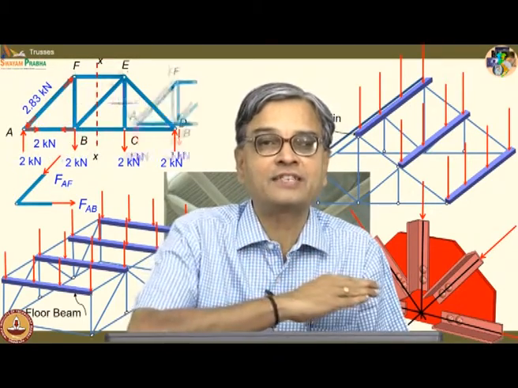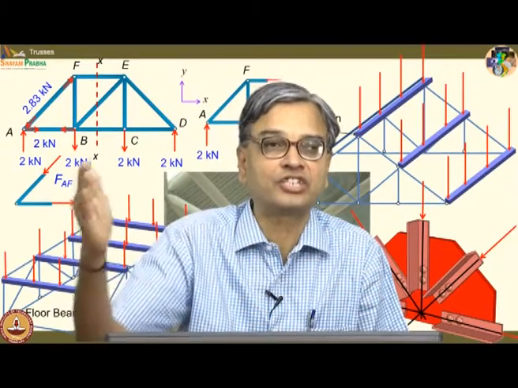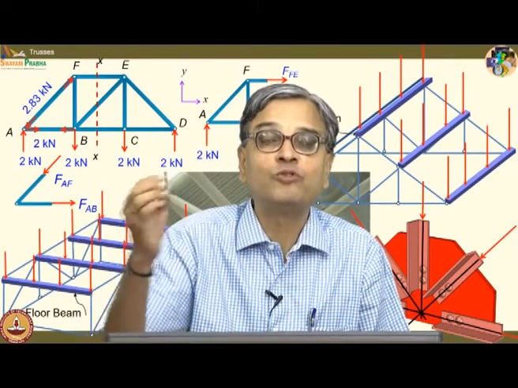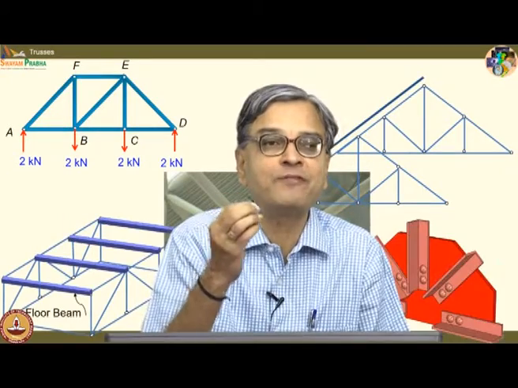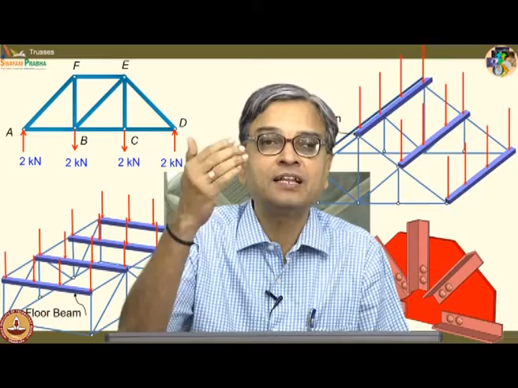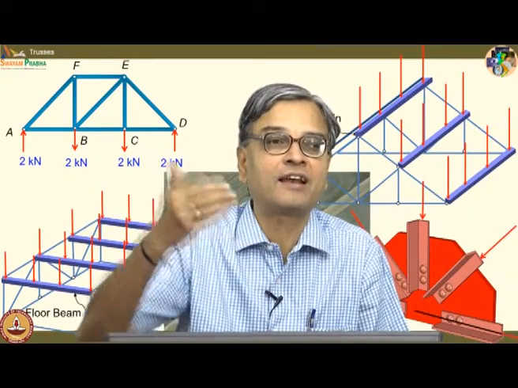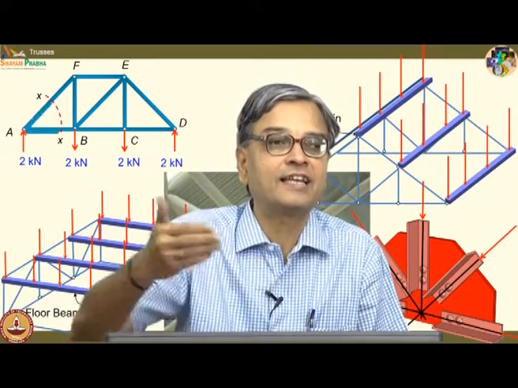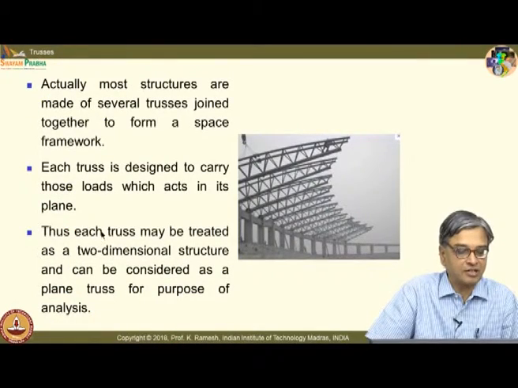Even though I have a stadium which is 3-dimensional in its structure, we would find ways to simplify our analysis by looking at whether I could make it a planar truss for the analysis and then carry on with it. That is what is shown here. Each truss may be treated as a 2-dimensional structure and can be considered as a plane truss for purpose of analysis.